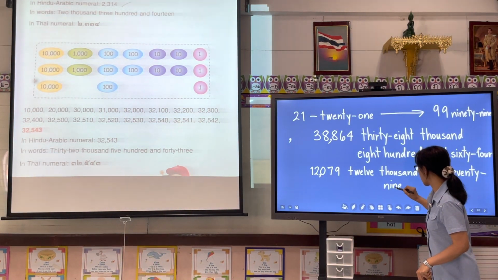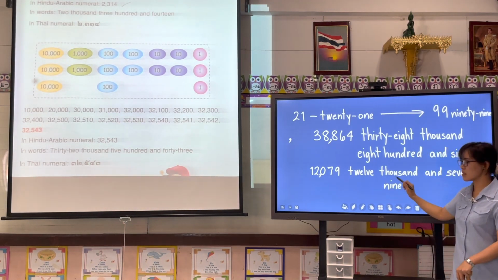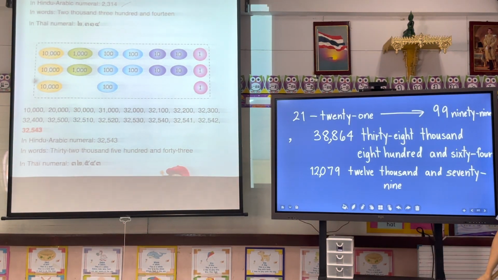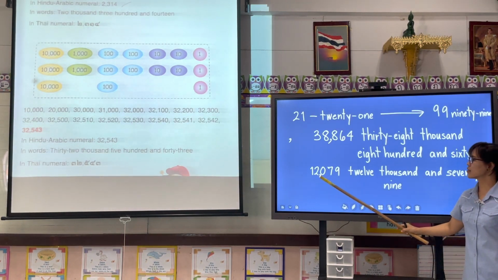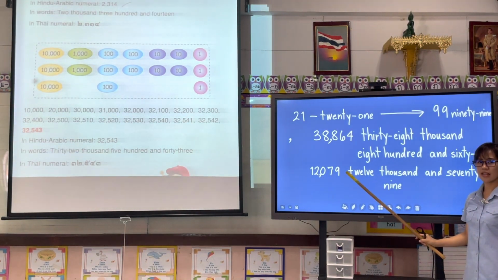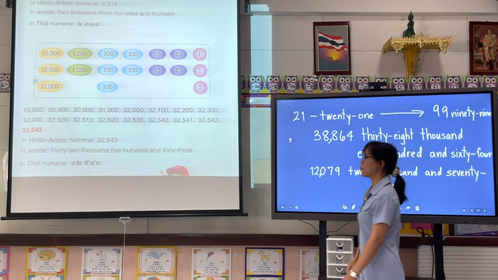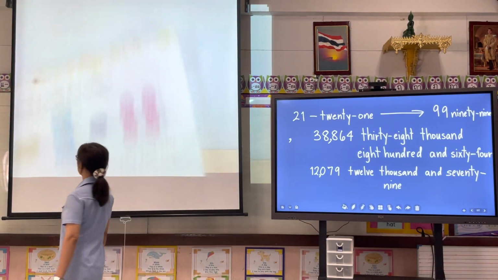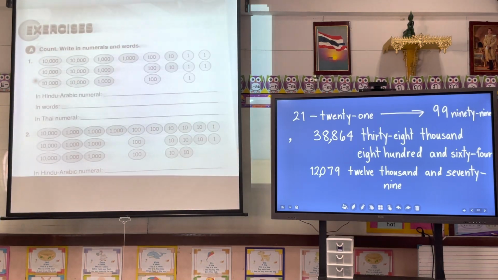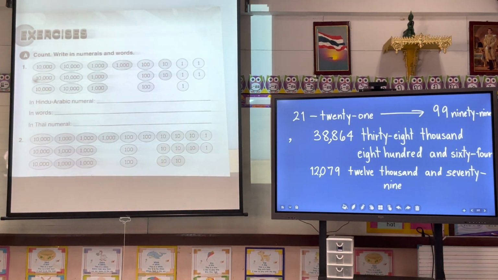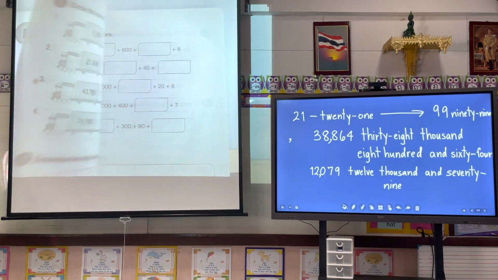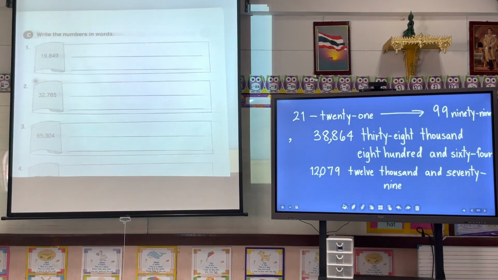That's how we write this number in its English words. Everybody, in numeral 12,079. Okay, that's great. And in words, twelve thousand, seventy-nine.